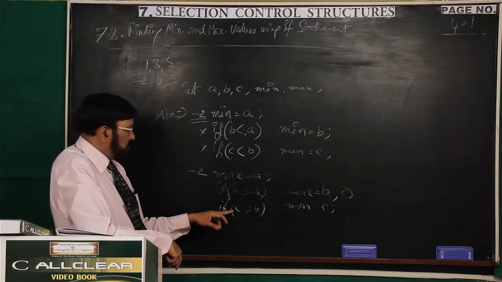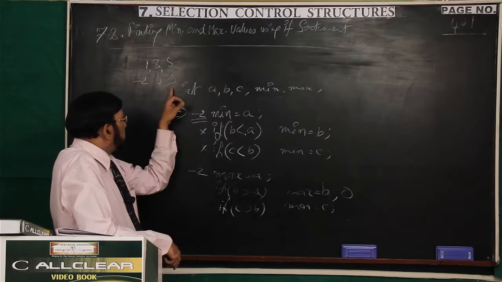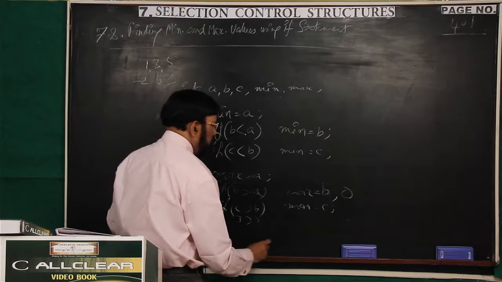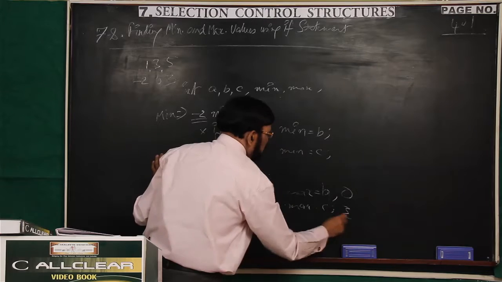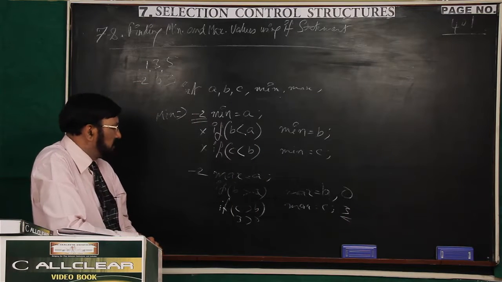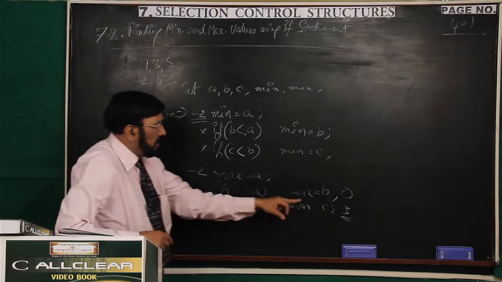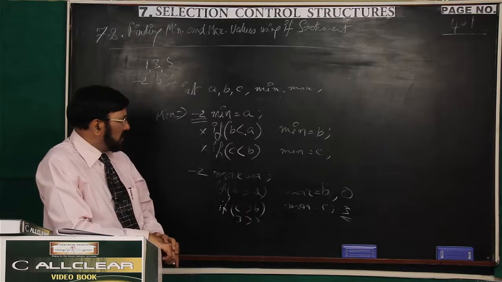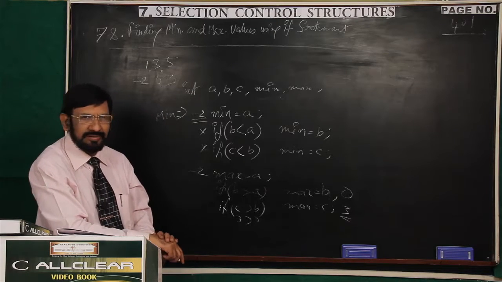And next one, you see, C is greater than B, and C is 3, 3 is greater than 0, then max is 3. You see that in the three values, minus 2, 0 and plus 3, minus 2 is minimum and plus 3 is maximum. This run also, this logic works fine, and we have got the correct result.